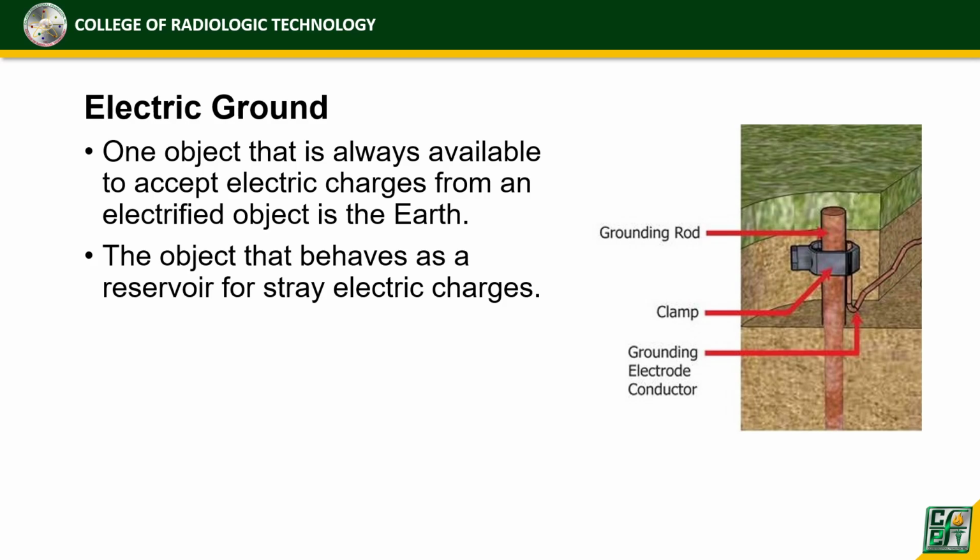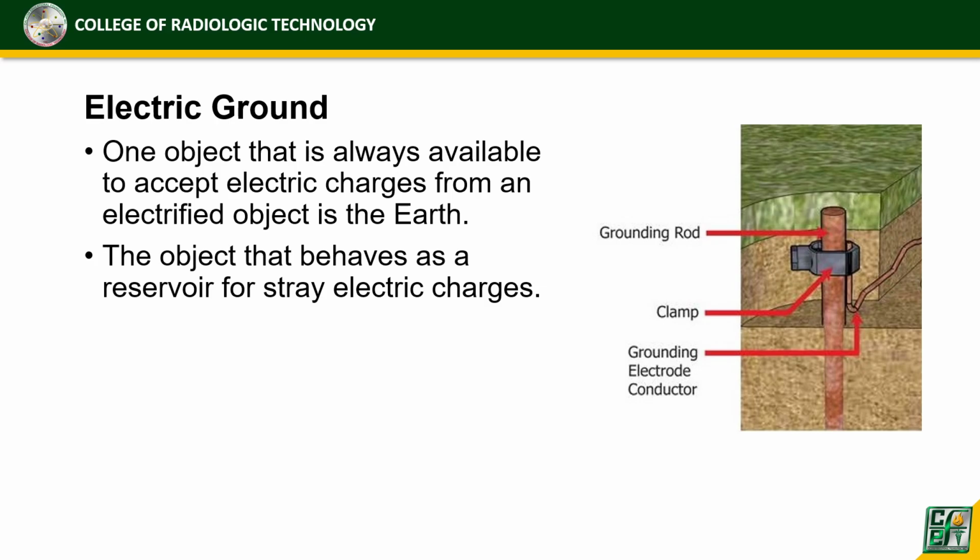So meron siyang grounding electrode na nakakonect sa isang appliance or machine. So any excess electric charge, okay, ay mapupunta sa lupa, and therefore hindi masisira yung ating appliances or yung ating machine.